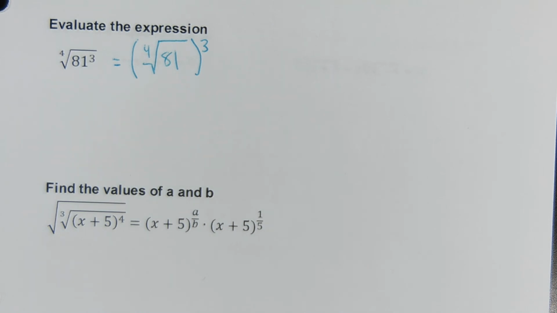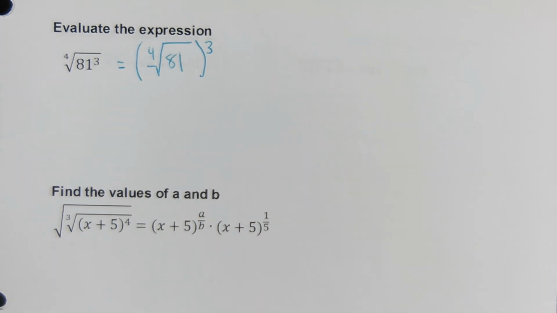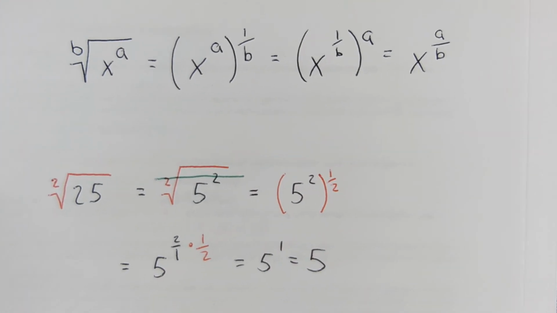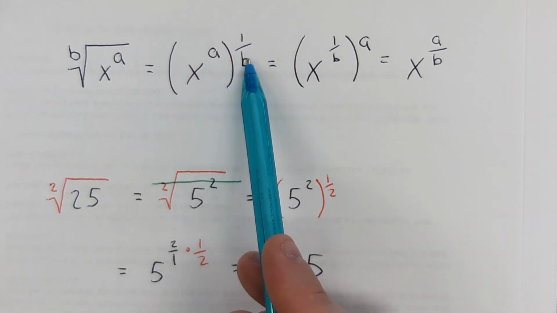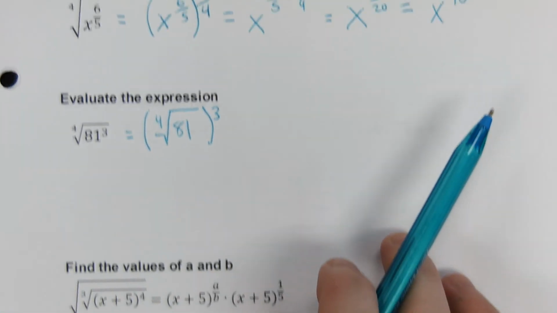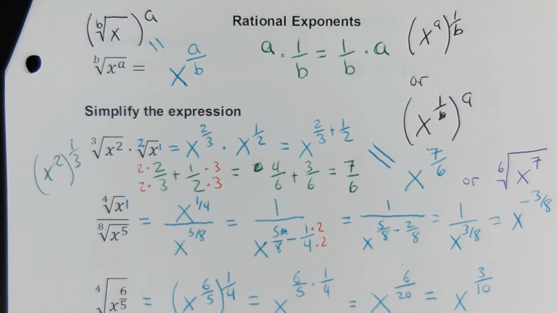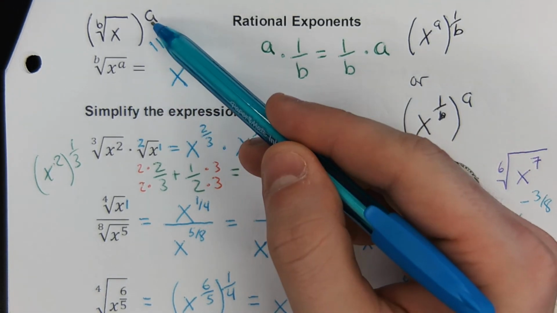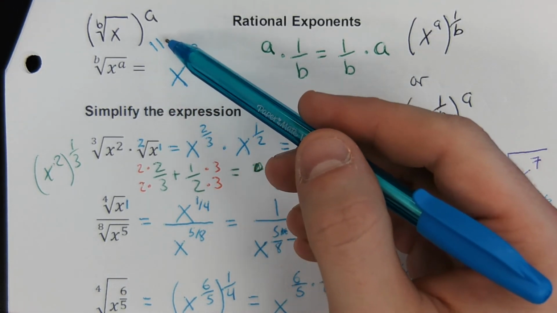Order of multiplication, unimportant. That is another reason why I showed you this again. You can switch them. This A can be written inside or outside, whichever one is more beneficial for you.